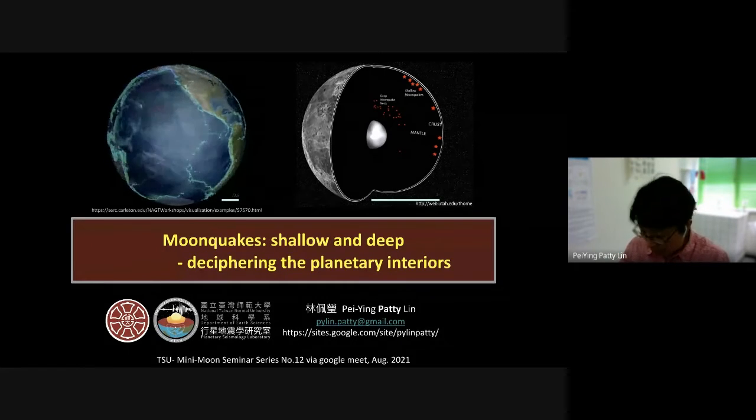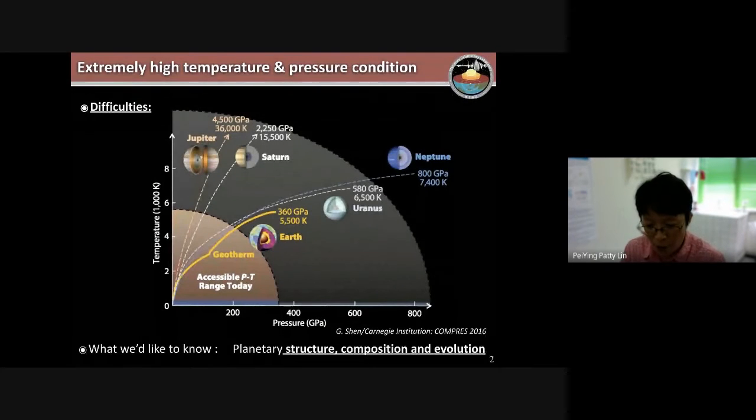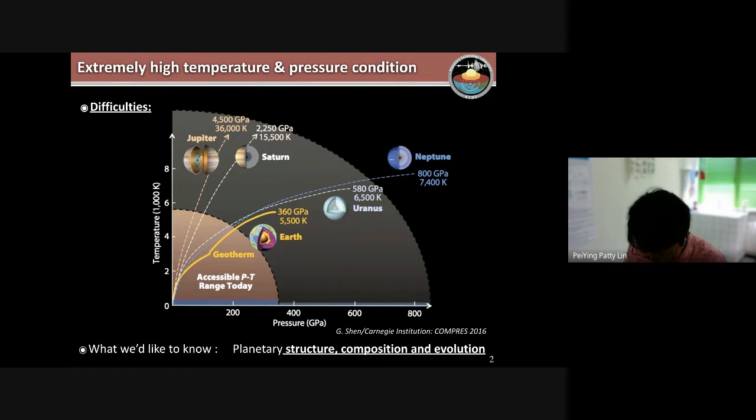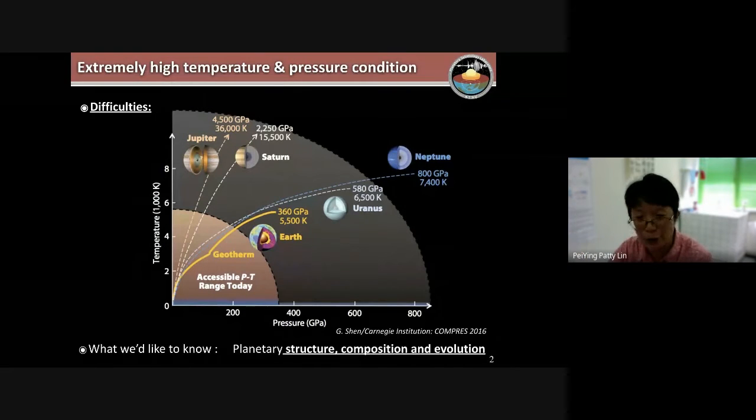As you may know, the difficulty of investigating the inaccessible planetary interiors is mainly due to the high pressure and high temperature conditions. The deepest hole human beings have drilled on the Earth is about 12 kilometers, only 12 kilometers, but the Earth's radius is about 6,000 kilometers.